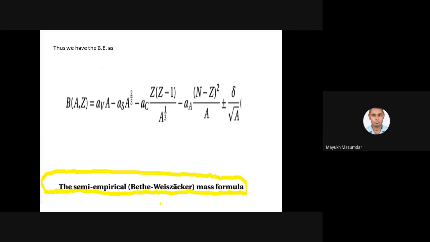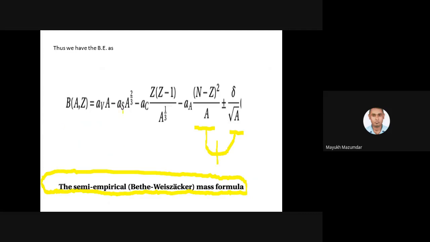So why is it called semi-empirical? You can see partially some terms in this expression have come from assumptions, and some terms have popped up from experimental data. Like you see the last two terms, these were added due to the fact that we could not match the experimental observations with the theory.